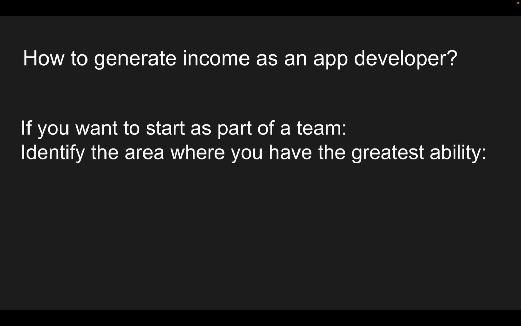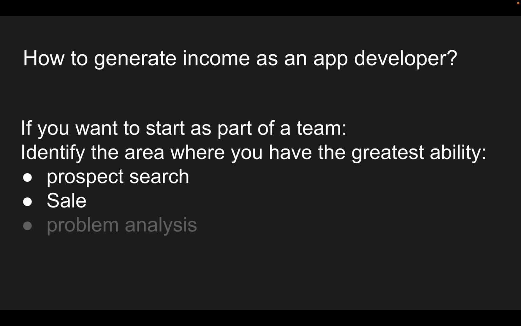If you want to start as part of a team, first you need to identify your strongest ability. Are you good at prospect search, at sales, at analysis, or at developing?